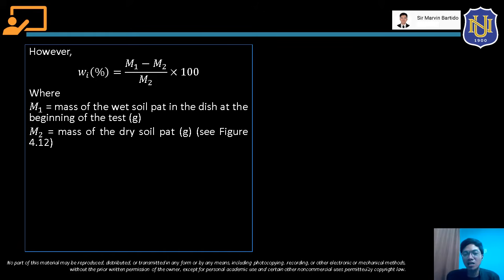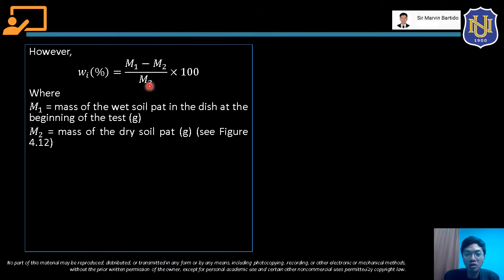Basically, class, this is the same formula we always use to compute water content, which is the mass of the water over the mass of the soil solids. M sub 1 minus M sub 2 is the mass of the wet soil minus the mass of the dry soil, so when you subtract them, you get the mass of the water.